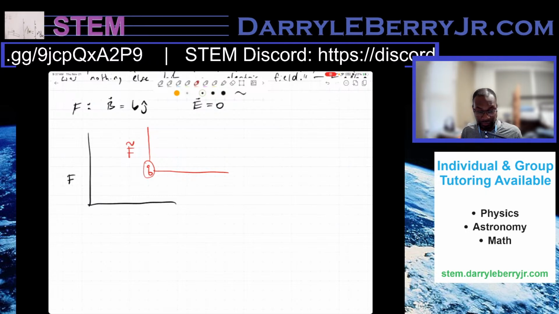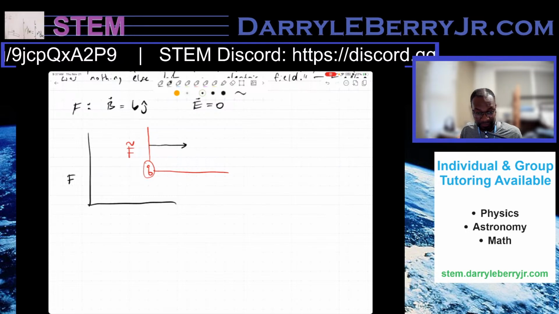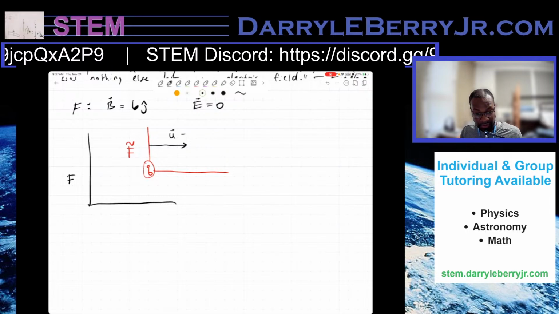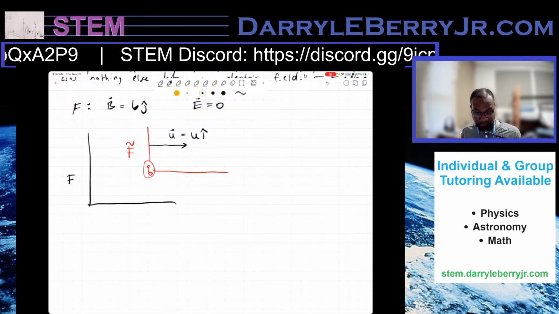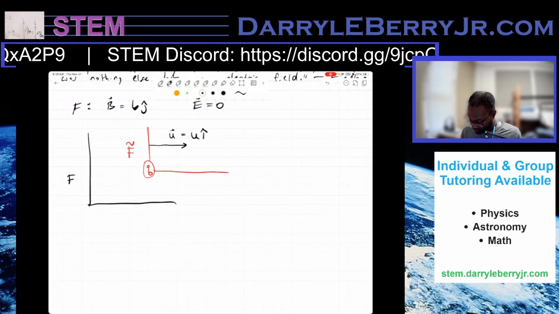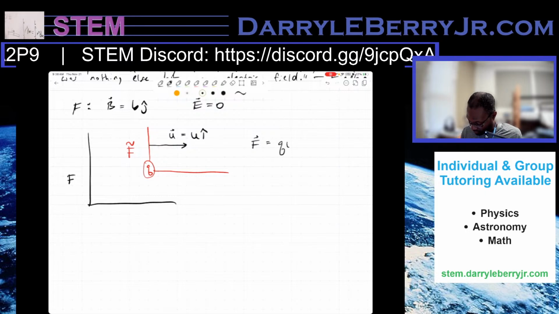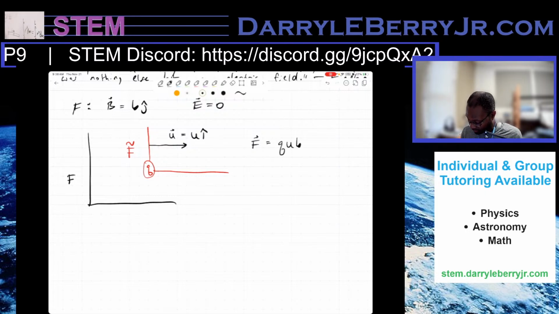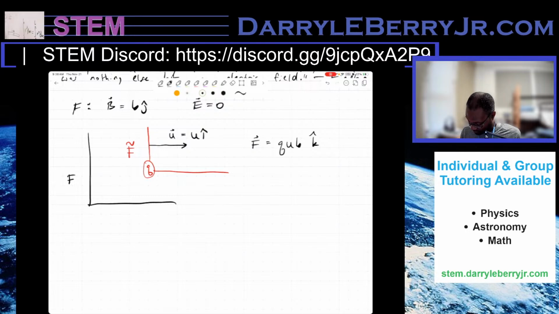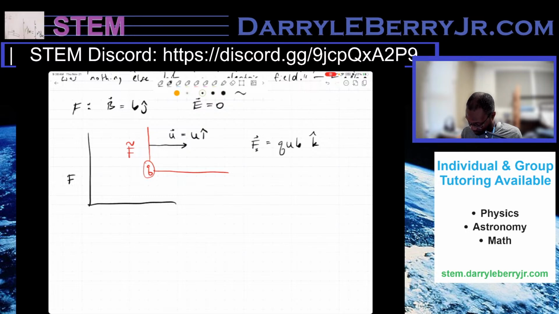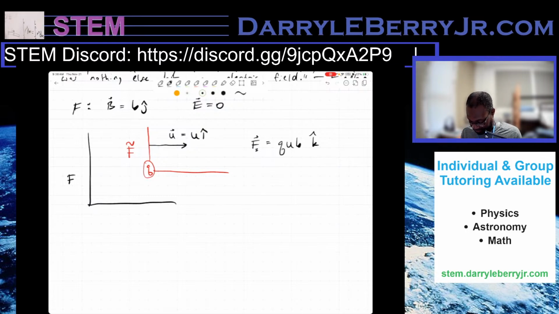The charge Q moves with velocity U, so this is moving with velocity U equals U i in F. And it experiences a force F equals Q U B k, a magnetic force. F prime is the rest frame of Q. We have that there.